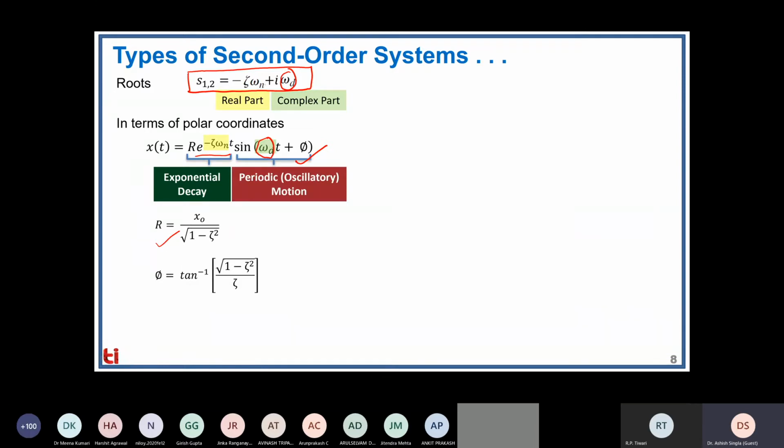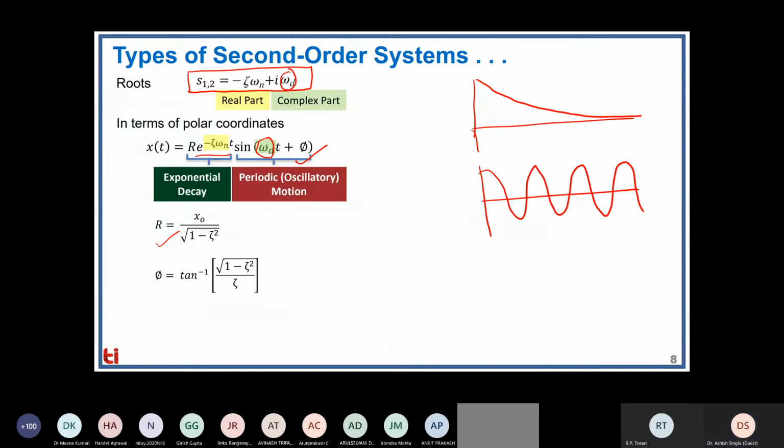If we see the expression for exponential decay, we have something like the exponential decay like this way, whereas this is the second term, the sine function. If we start from some initial condition, it will be like this, the sine function. And if we take the product of these two, we should be getting the exponentially decaying response, because it's the product of these two functions.